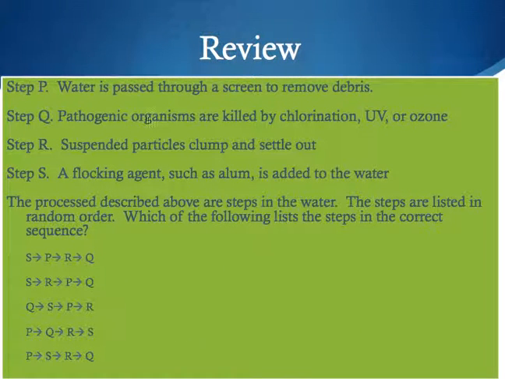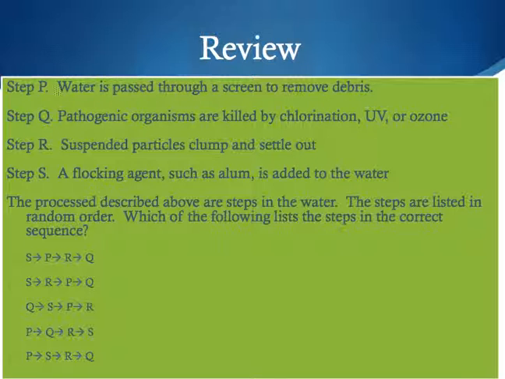So take a moment, go ahead and pause this video to put steps P, Q, R, and S in the right order. Okay, so the first step is going to be adding our flocking agent, which is alum. And so we're only going to look at the choices that start with S. The next thing we need to do is let those particles settle out.